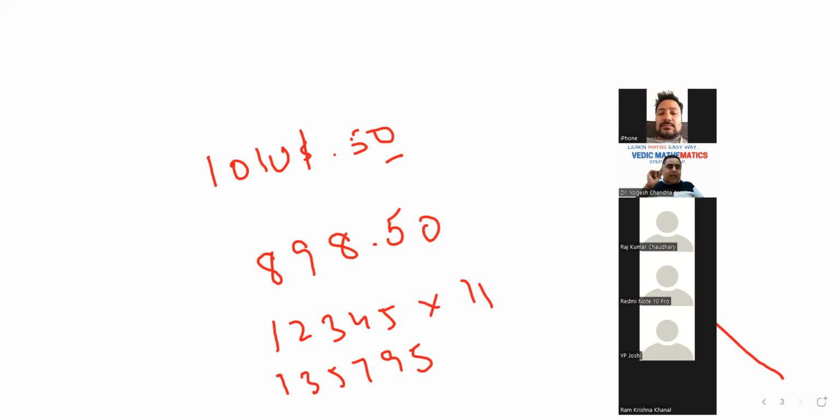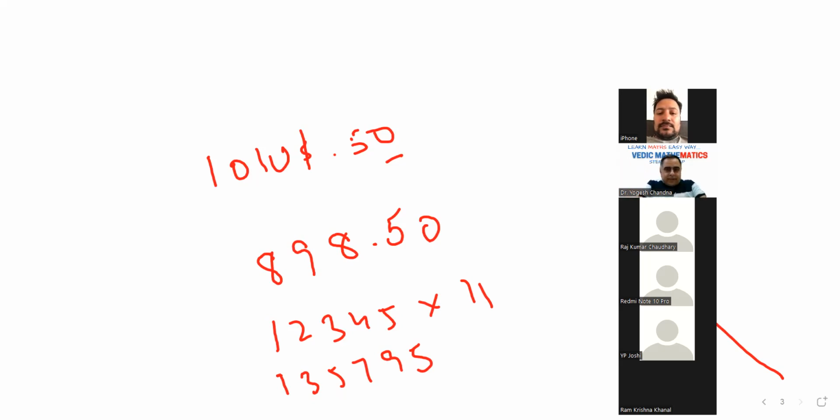But for entrance people, you need not tell them the sutra names. You need not give them the thorough knowledge of Vedic maths. You just have to teach them as a trick. For example, if you have to find the square of a number ending with 5, you will not tell them that it is Ekadikena Sutra and it will come like this.